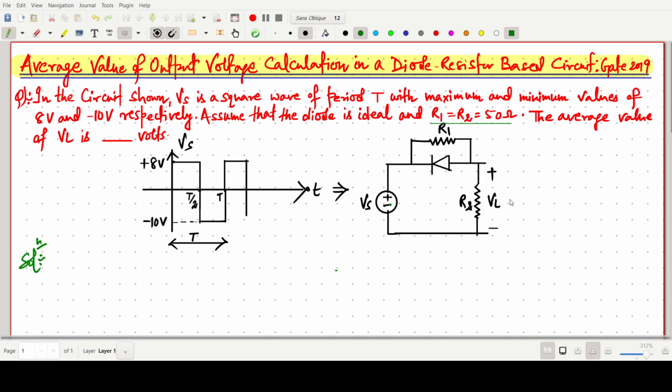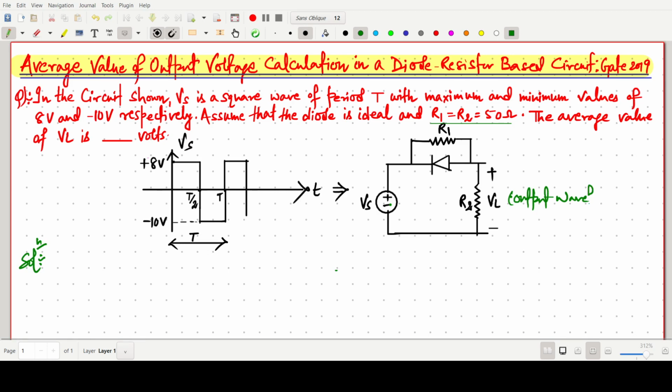So first of all, we have to find the output waveform. If we draw the output waveform for this particular circuit, then we can find the average value. So first we will go for the output waveform.